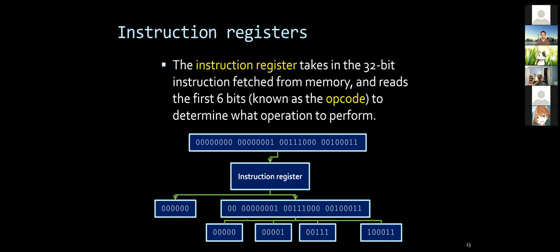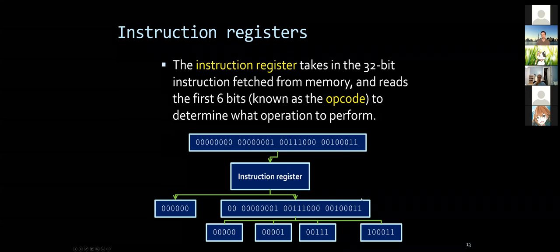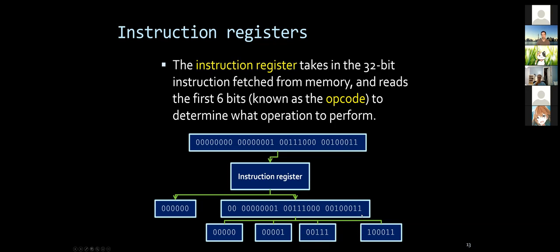So essentially, the instruction register is going to take the 6 bits and look at what's in there. And then in parallel, it's going to read other useful information: what operation to do and what the parameters are. These 3 things encode different registers that I'm supposed to manipulate. This is register 0, this is register 1, and this is register 7, right?